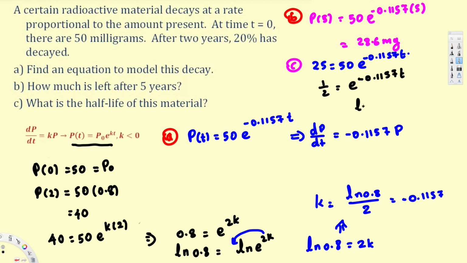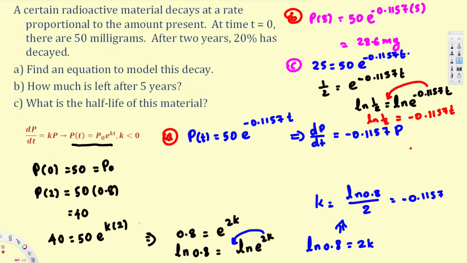So ln of half is equal to ln of e to the power negative 0.1157 t, and we can move the exponent to the front, and ln of e is equal to 1. So ln of half is equal to negative 0.1157 t.